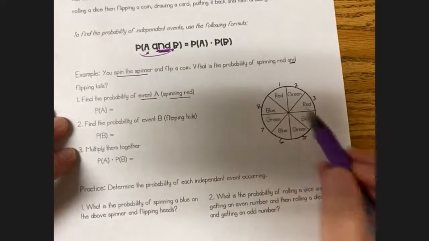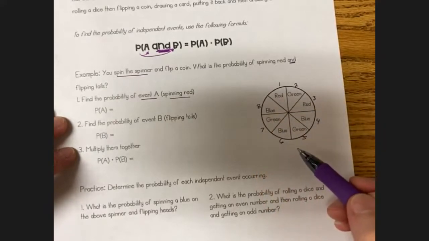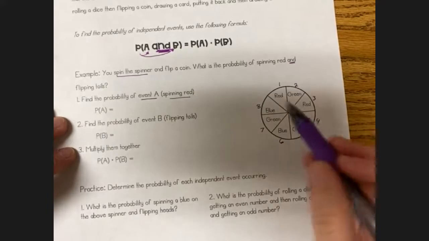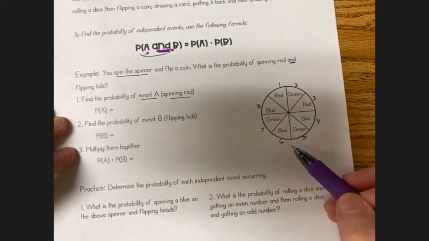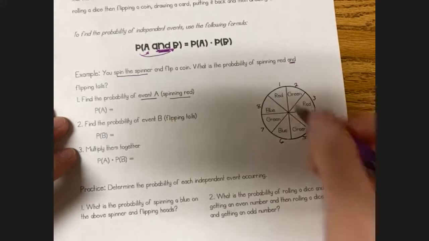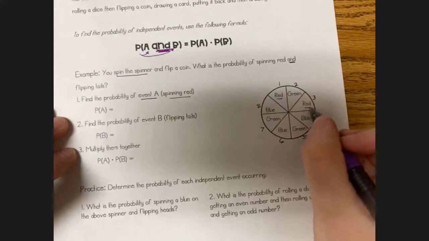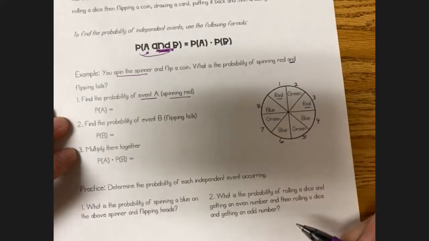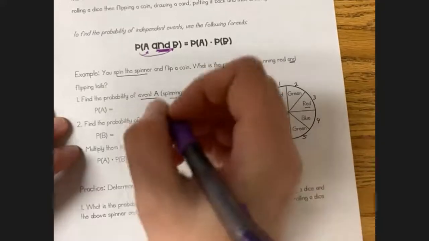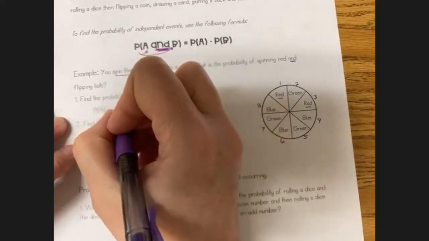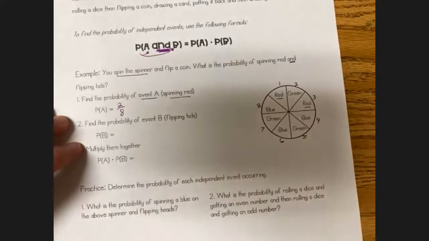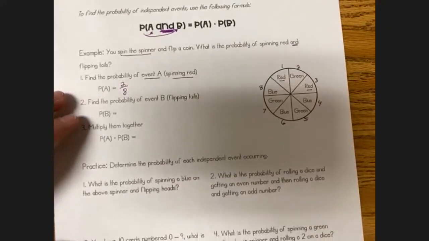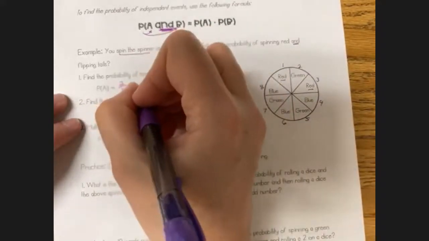Some of you learned that by numbering it, you don't have to think again. It's numbered. I know there's 8, and I make sure I get that number right. So how many are red? I have a red here and a red here. I don't see any other reds. So that probability of red would be 2 out of 8. And that 2 out of 8 fraction can be reduced to 1 out of 4.